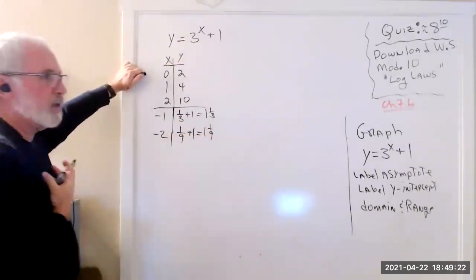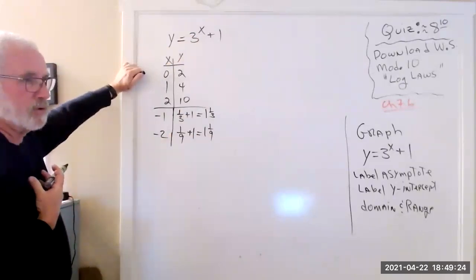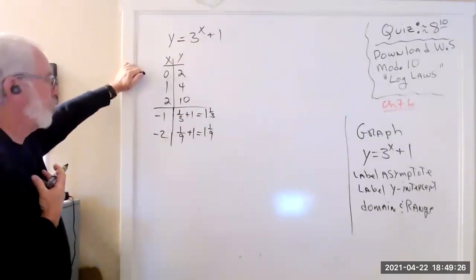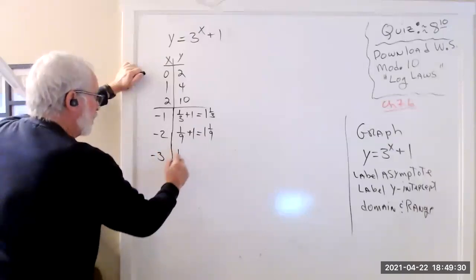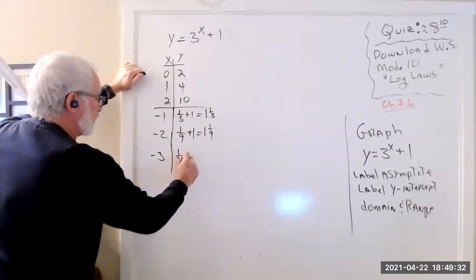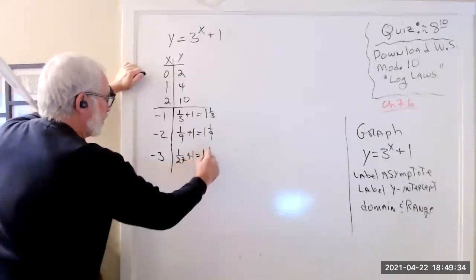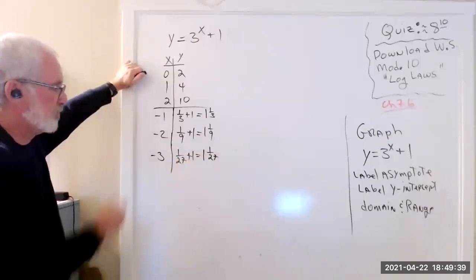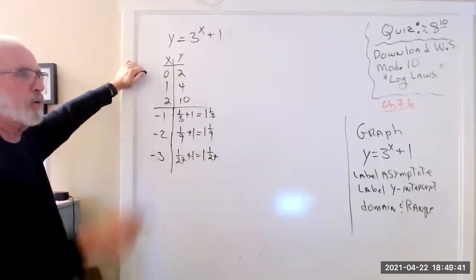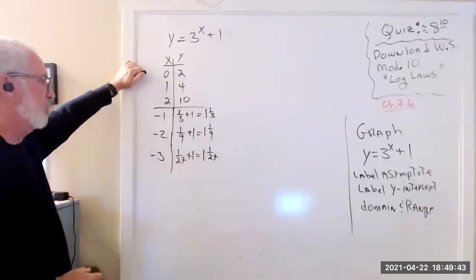And for me, that's good enough. You might want to go to one more, if x is -3. That turns out to be 1/27 plus 1, which is 1 1/27. And if you want to use decimals instead of fractions, go right ahead. It doesn't matter to me at all.